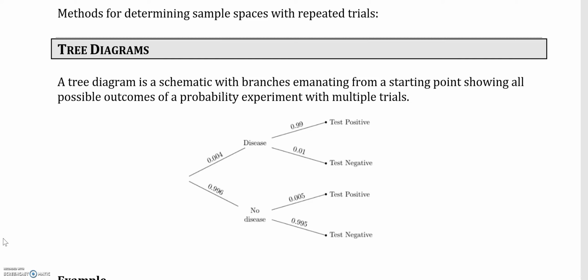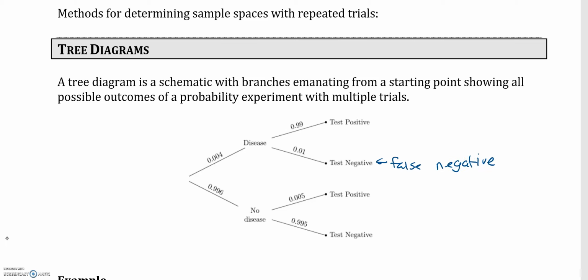Then, if you have the disease, we can test whether a particular test for that disease reports a positive test or a negative test. So when a person has the disease, there is a 99% chance that they test positive, whereas there's a 1% chance that they test negative. And we call this a false negative.